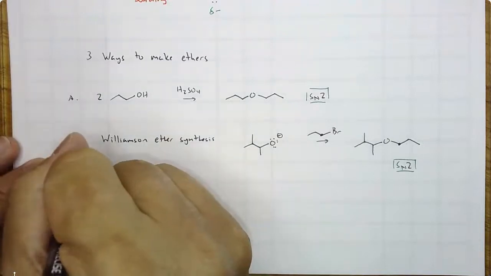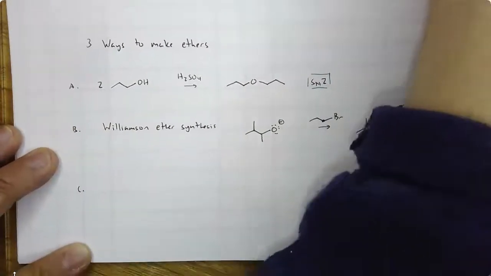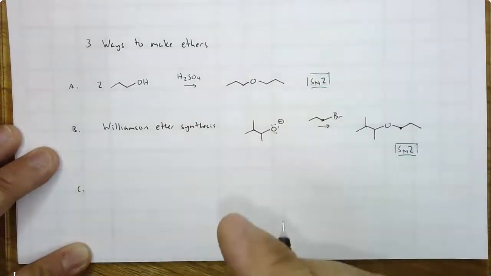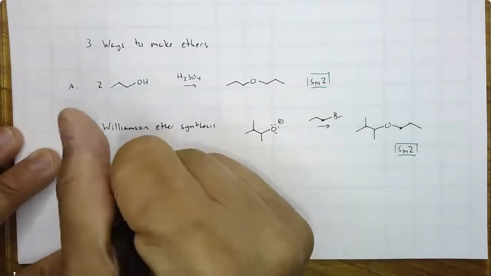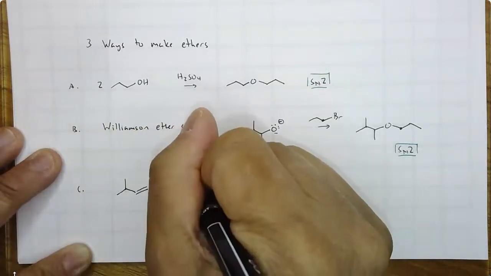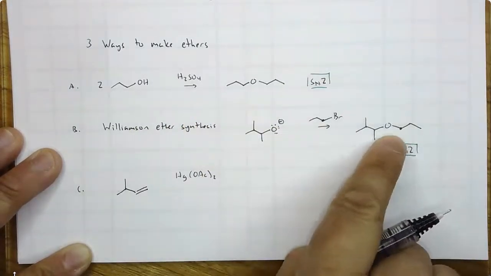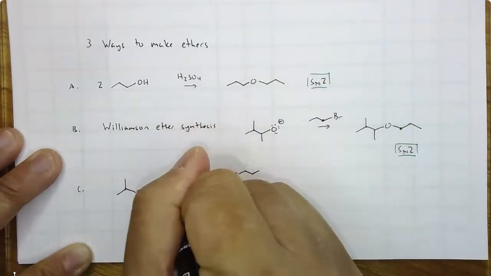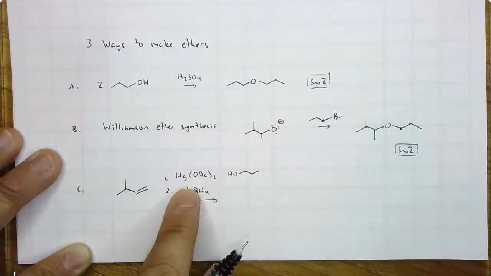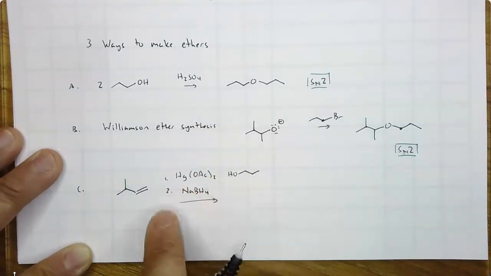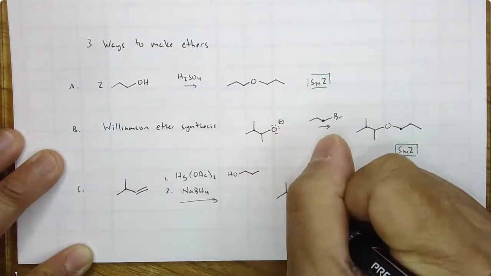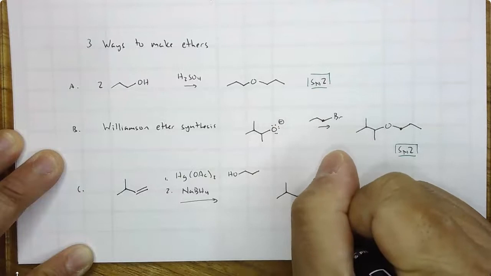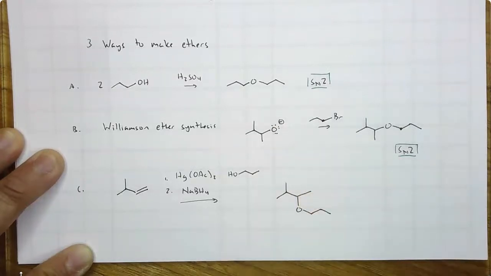Letter C is a method that most professors teach, some don't. That is this technique here. You use an alkene. For some of you, this may look familiar. This is oxymercuration. When you have water, you add an OH, but when you have an alcohol, you add an alkoxy group. Let me draw you that product here. On the more substituted carbon in the double bond. Okay.